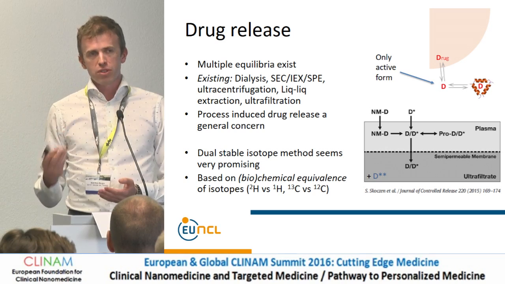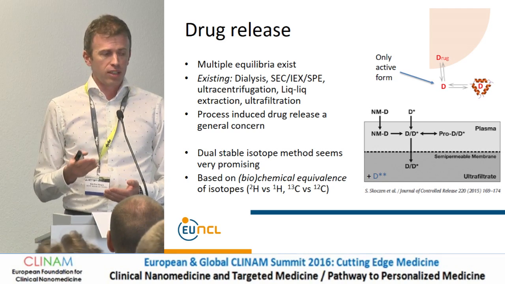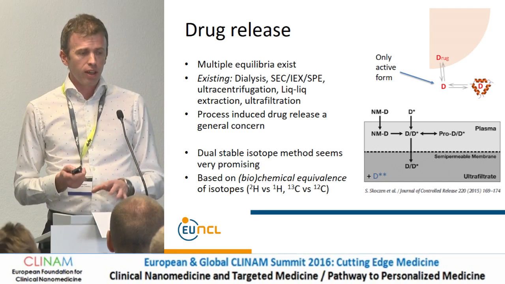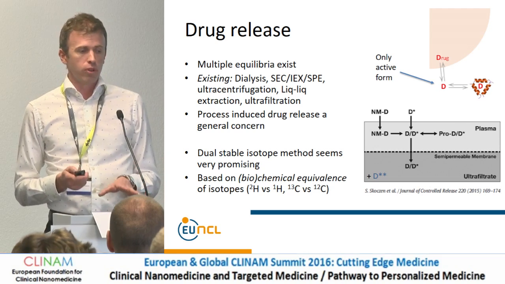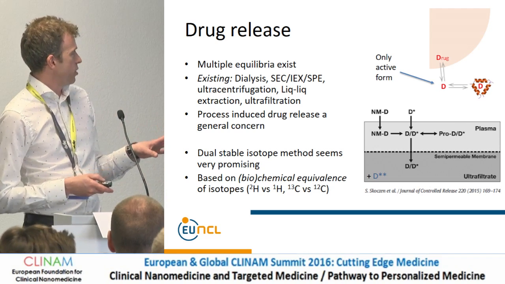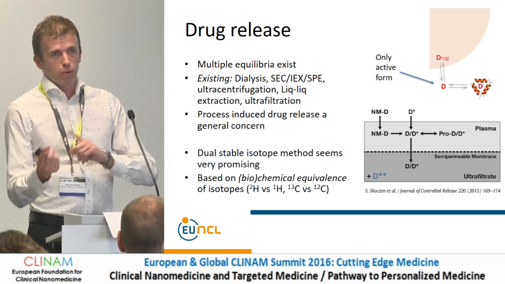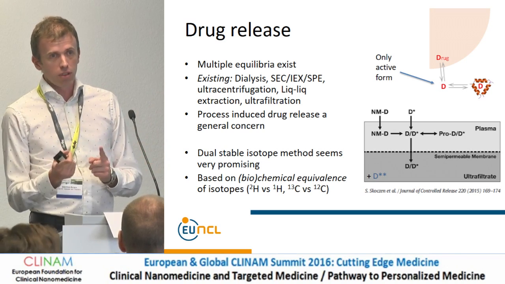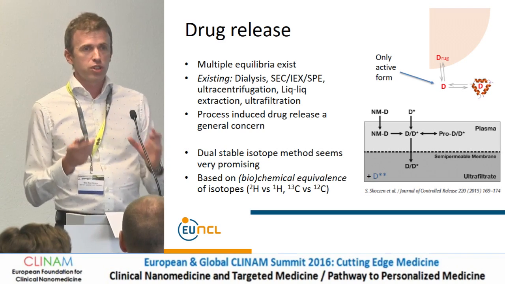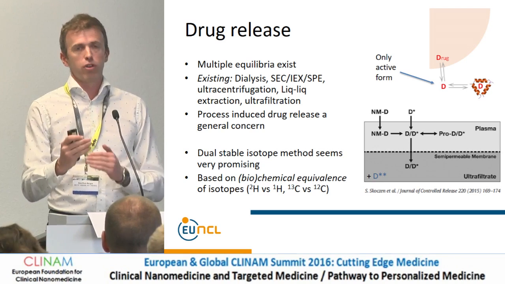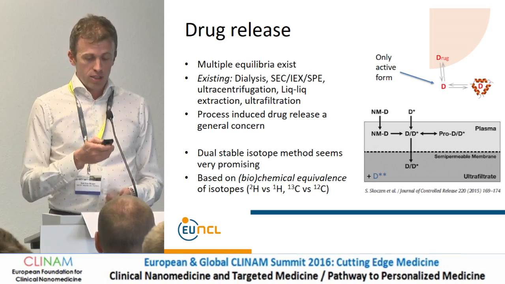Stable isotopes have been used in standard pharmaceutical analysis for quite some time. It has not been applied to nanomedicines before. And the important thing here is that you should add 2 stable isotopes. One that will equilibrate with the actual drug from the nanoparticle, and one that will function as an internal process control to make sure that you correct for losses during the extraction. It seems really promising.